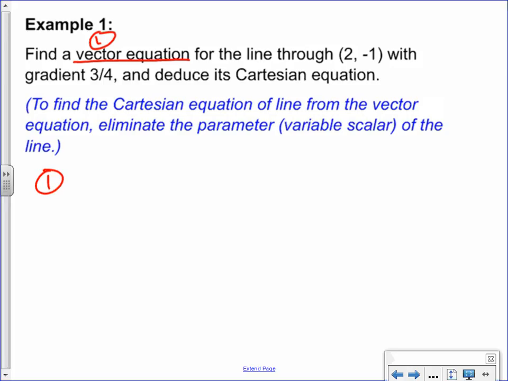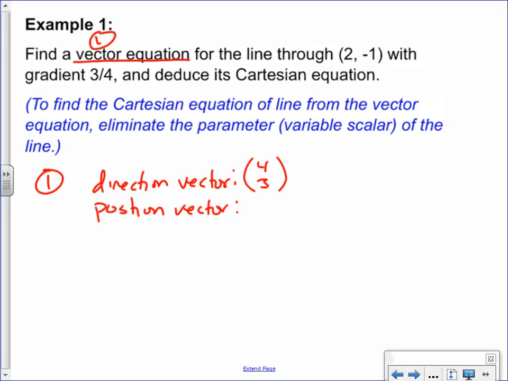So if you think of the gradient, gradient's y over x, isn't it? So the direction vector, go ahead. What is it? 4, 3. Excellent. Position vector, what's it going through?